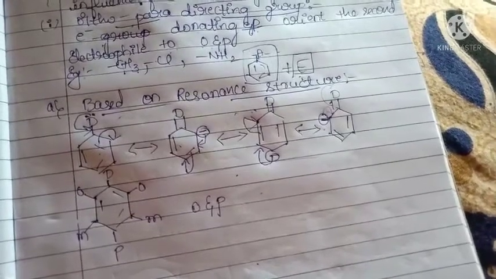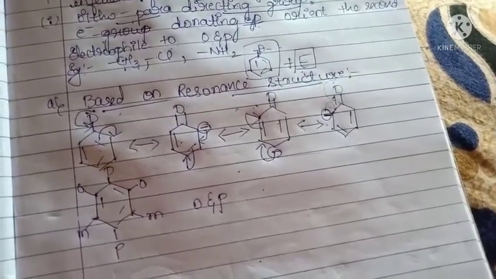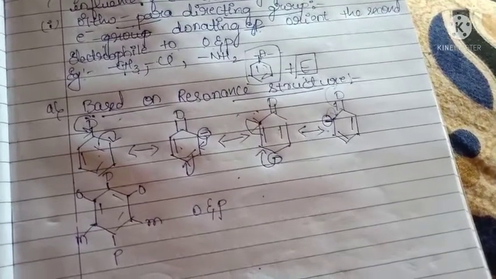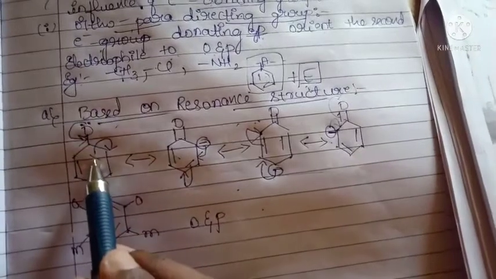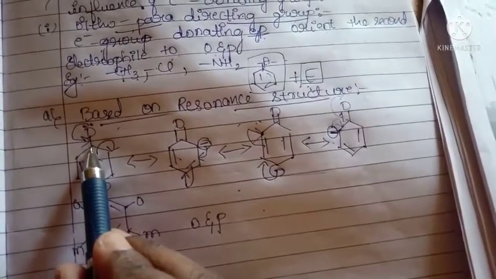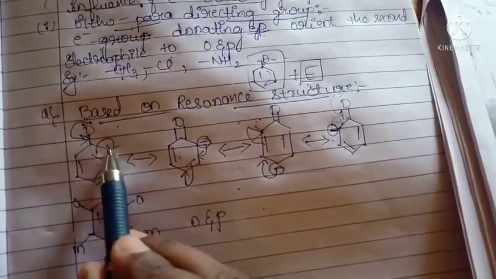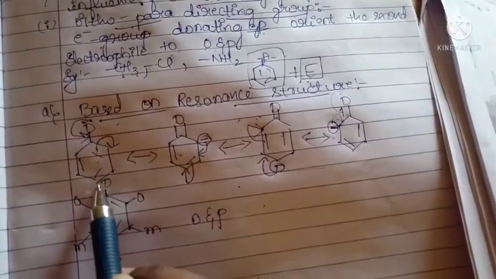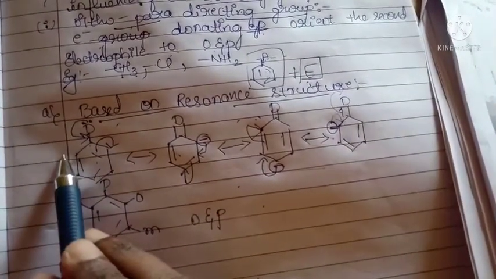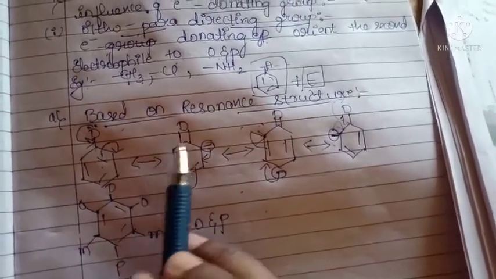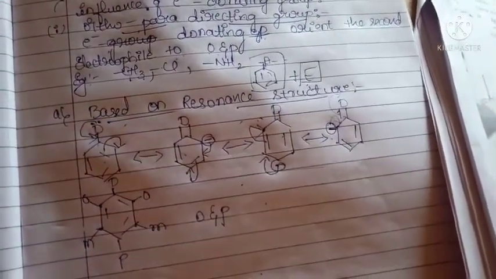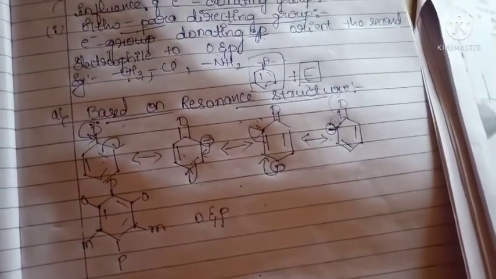Because the above group donates electrons to the benzene ring through the mesomeric effect. Here this carbon atom gives the electrons to carbon 2, this to carbon 4, and this to carbon 6. So that's why electron density goes on increasing. Electron density means mass by volume.